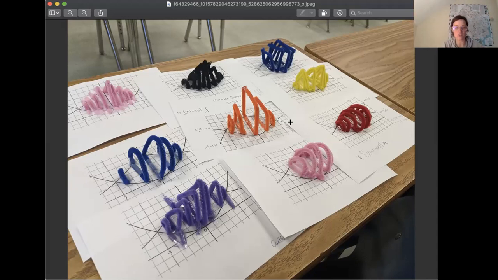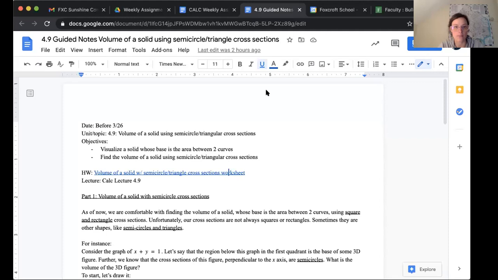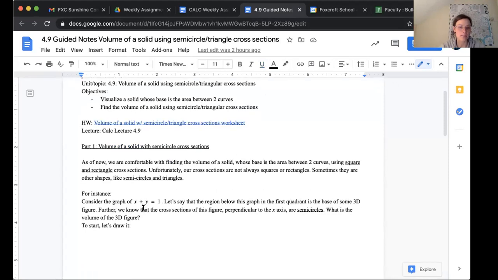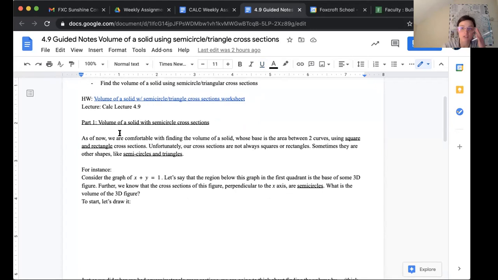So hopefully this visual helps you in terms of seeing what these shapes look like, because I know that my art is seriously lacking. So hopefully that helps you out. So that being said, let's move into the lecture.